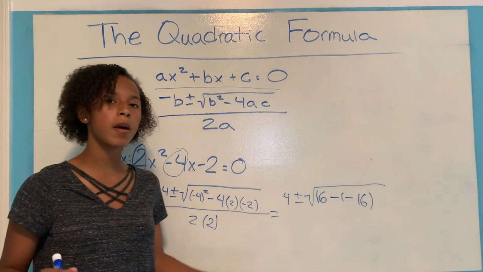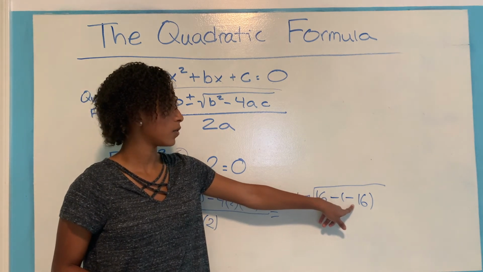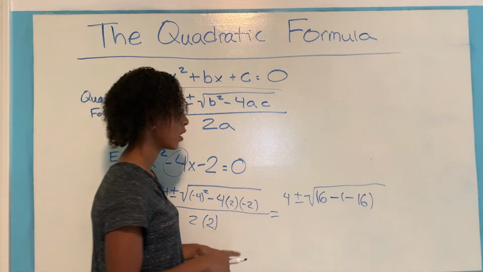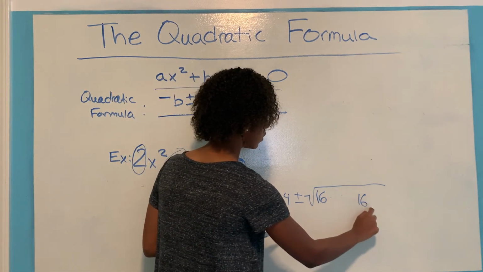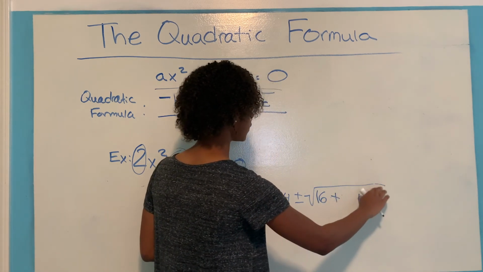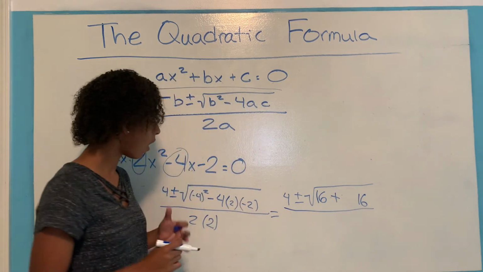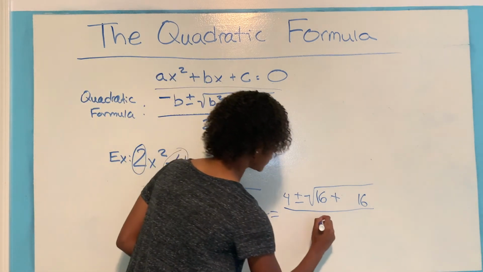But if you remember, a negative minus a negative is equivalent to a positive, right? So you're actually going to change this into a plus, right? You can get it down to that. And then you're going to have this all over 2 times 2, which is 4, right?